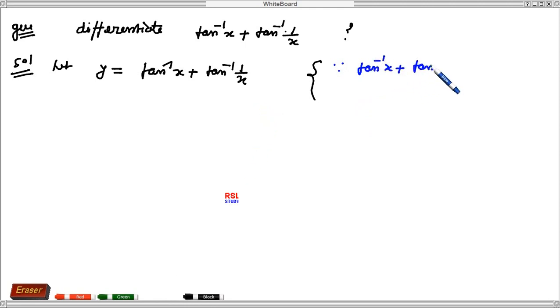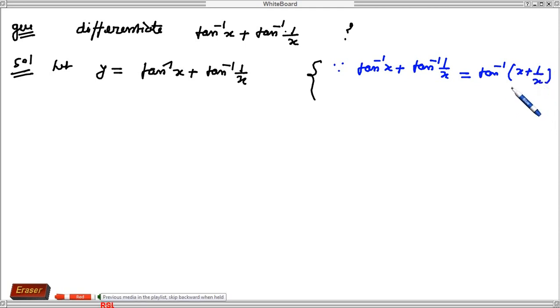So in order to solve this question, you have to know the formula of tan inverse x plus tan inverse y, which is like this. The formula of tan inverse x plus tan inverse y is tan inverse of x plus y by 1 minus xy. So this is based on the same formula.